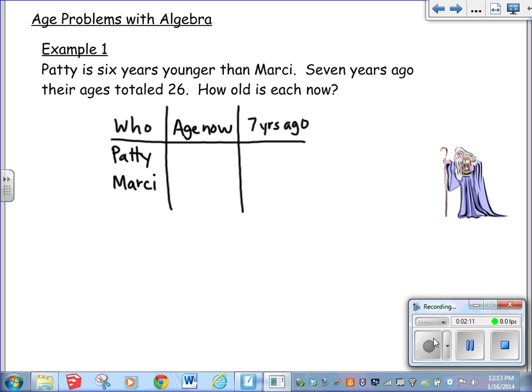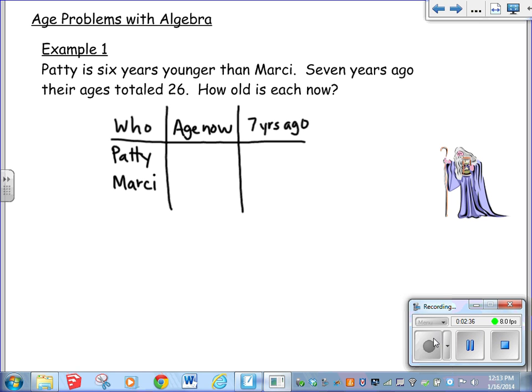Now there's some mention of their ages now, but this is intro to algebra, so they don't just tell us their ages. They give us some information that allows us to write algebraic expressions. So you're going to pick a variable for one of them and write an expression for the other. Who do you want to pick a variable for their age now?